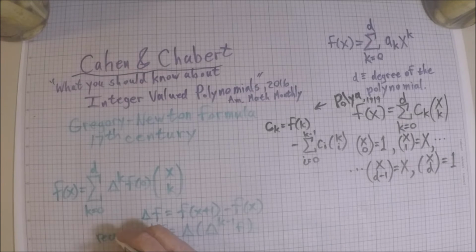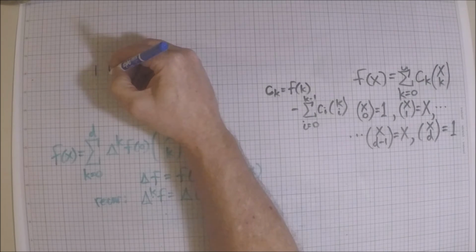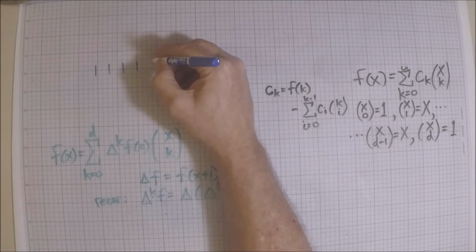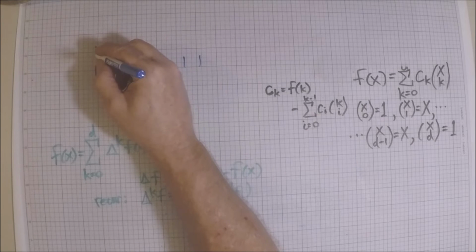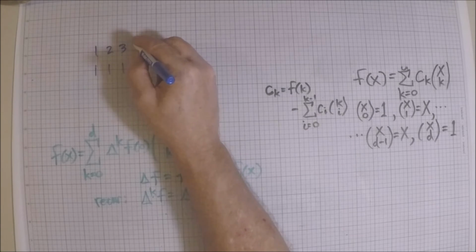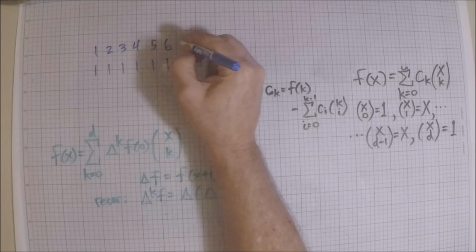And Cahen and Chabert point out that Gregory-Newton's formula can be proven by reference and examination directly on Pascal's triangle and the binomial coefficients.